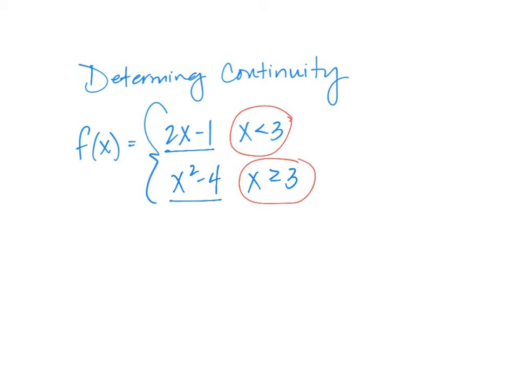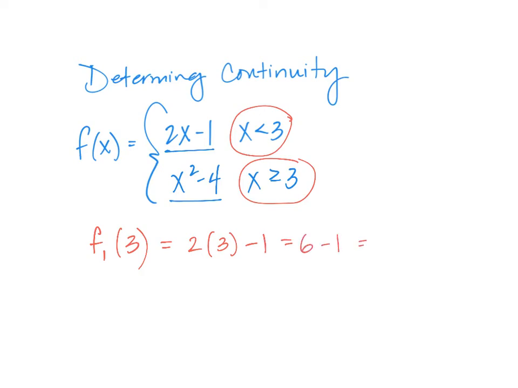So in order to determine whether or not this piecewise function is continuous, I need to see if they're going to meet at the same y value. The way that I can do that algebraically, I'm going to call this one f1. I can evaluate the first function at 3, which would give me 2 times 3 minus 1.